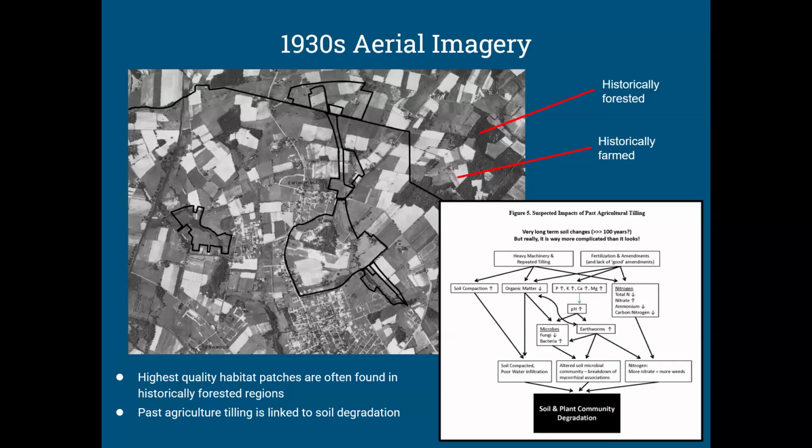And I think we've had this graphic, the inset figure 5 here, that basically agricultural soils are so different and so degraded from natural forest soils that they just sort of breed invasive species and other weedy species, including native weedy species. So yeah, it's sort of critical when you go out there. You could use 1930 aerials as a very strong predictor about what you might see currently.